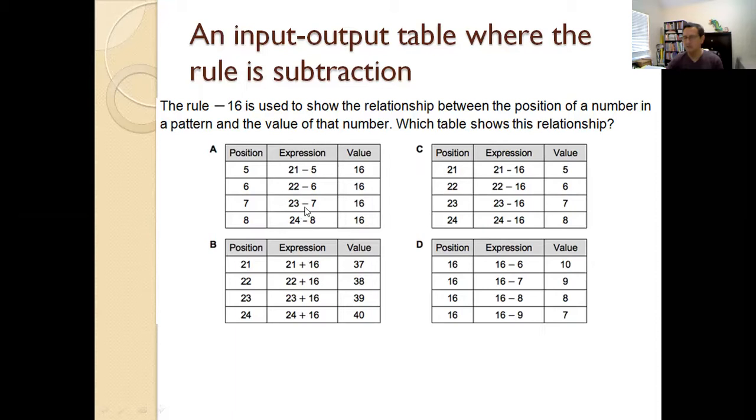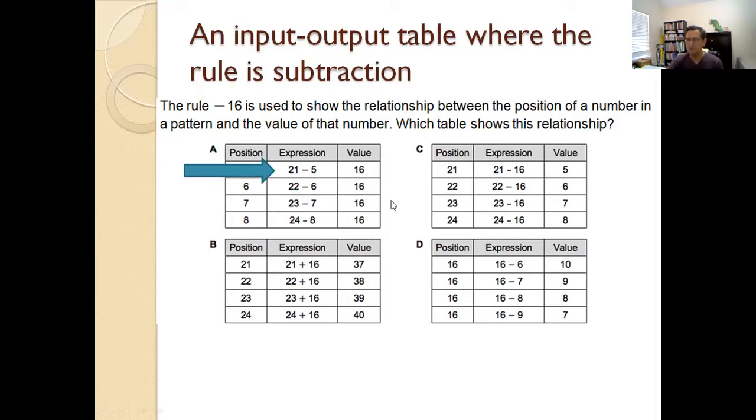What happened here? The rule is incorrect, correct. Now the value could be correct. If you subtract this, 21 minus 5 equals 16, yes, but the expression here is incorrect. So option A is wrong because of the expression.